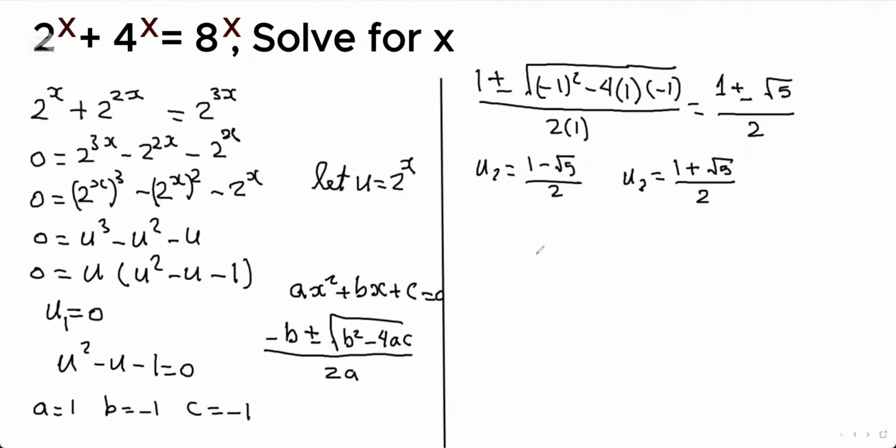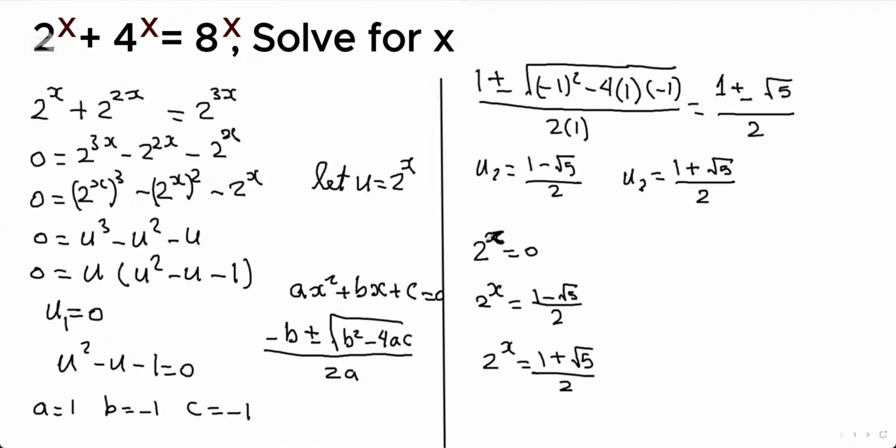So for u1, 2 to the power of x equals 0. And we have 2 to the power of x equals 1 minus root 5 over 2. And after that, we have 2 to the power of x equals 1 plus root 5 over 2.